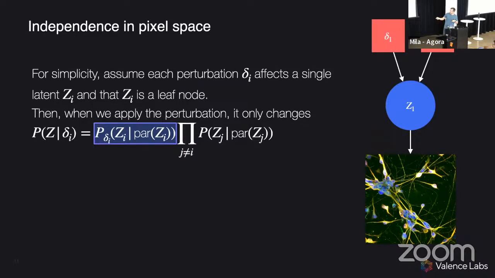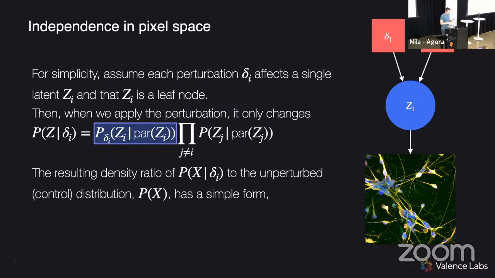And then we can write out this latent distribution as just a product over the distribution over any given latent variable given its parents. And when we do a perturbation, we only affect this leaf node's distribution, right? Because we've assumed that Zi is a leaf node, and by the causal factorization, we're only perturbing one of these terms in this joint distribution, right?